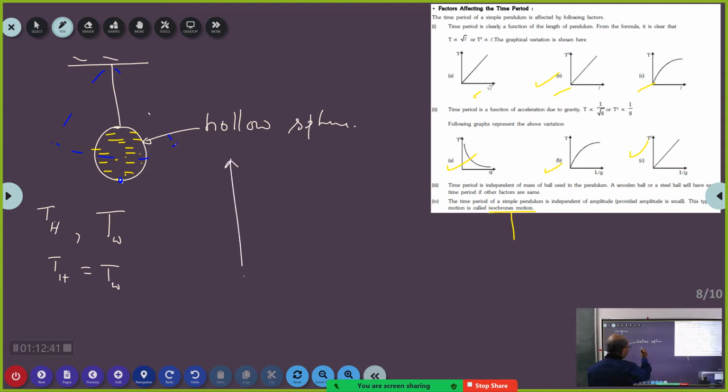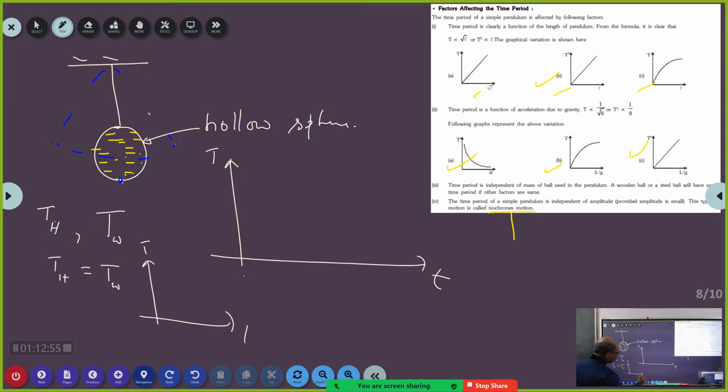Now, tell me the plot of the time period versus time. I made this. What is the graph of time period versus time for Th and Tw?